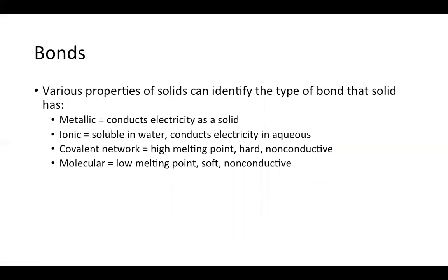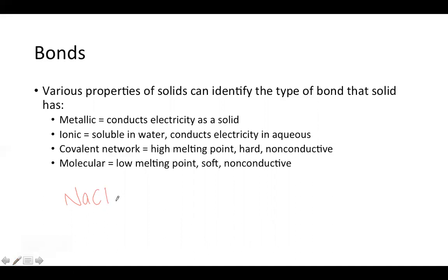Now, ionic compounds, on the other hand, won't conduct electricity as a solid, but they are soluble in water, and they will conduct electricity once they're in water. The reason is, let's say we're looking at sodium chloride, an ionic compound.